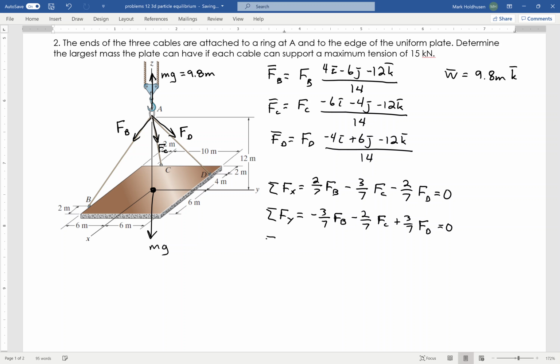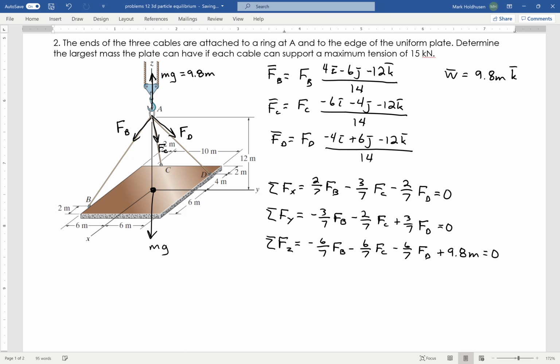Sum the forces in the z direction. These are all going to be negative 6/7, so that's going to be minus 6/7 FB minus 6/7 FC minus 6/7 FD. And then remember, you've got your weight in the z direction, so that's going to be plus 9.8 m equals 0.